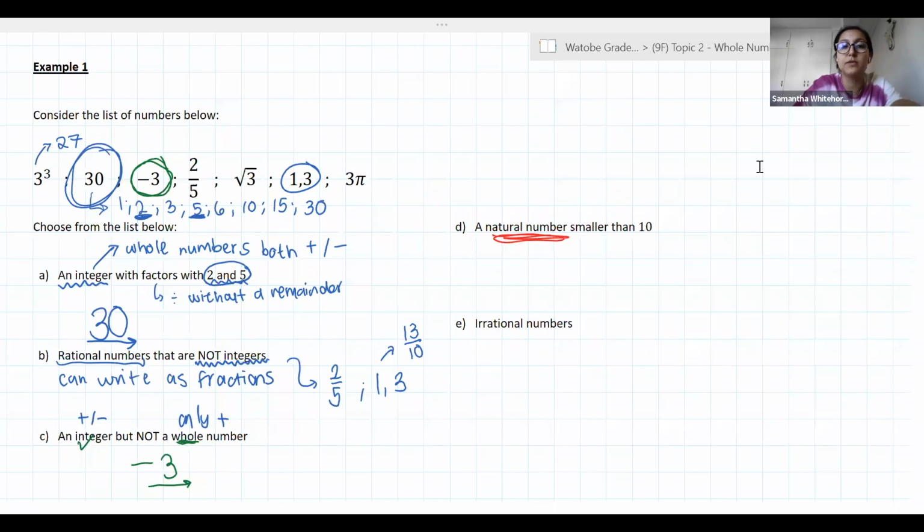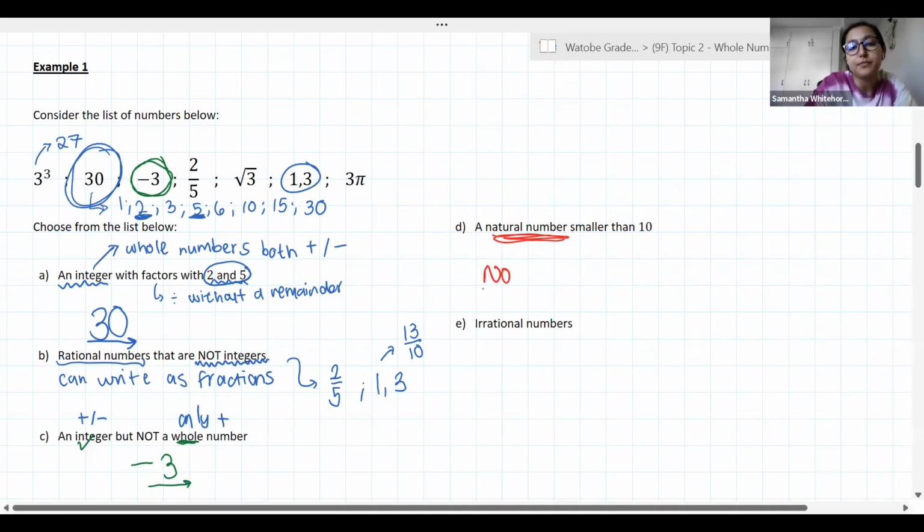So we want to look at all of these numbers and decide, do we have a natural number that is smaller than 10? Now, think carefully about this. Moniswa, do we have a number smaller than 10 that is natural? No. No, exactly.